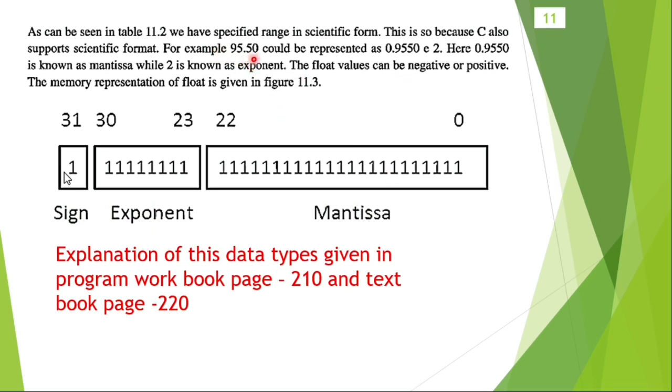For example, 95.50 could be represented as 0.9550 e 2, so that is divided by 100, and 2 is known as the exponent. A float value can be negative or positive, but there will be a difference.